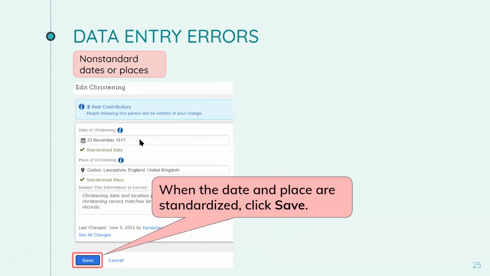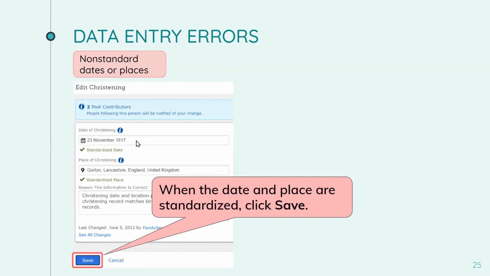I did want to point out one thing. I did go ahead and standardize the christening date the same way that I just showed. So I clicked inside the date and I hit the space bar and I picked the standardized date. Notice that when I changed the original to be standardized, that second field that had the extra standardized date in it disappeared.